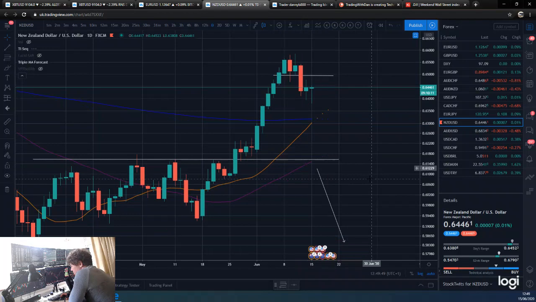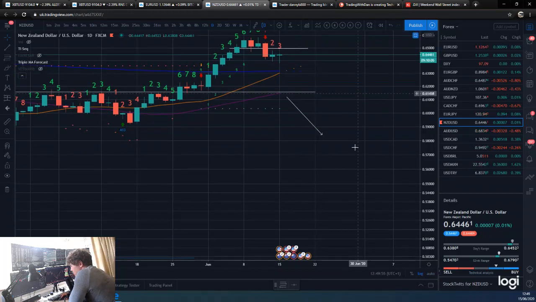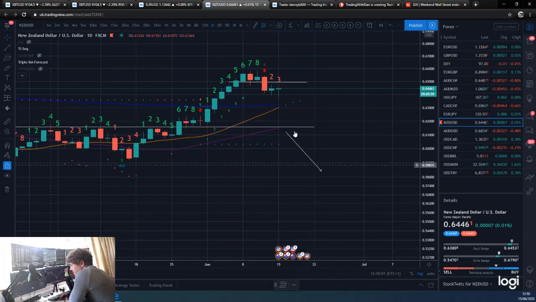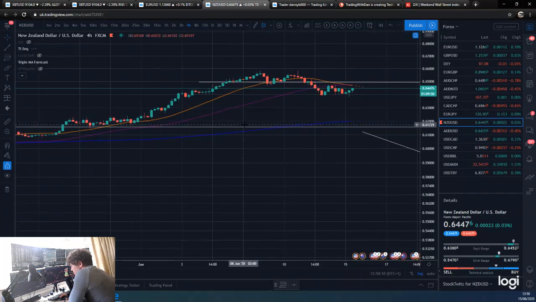New Zealand dollar, US dollar. What would have been a nice 12 hour 9 until it flipped to a 1. But yeah, that was where it was. There was the sell trade, breaking below, moving down. Did we have any other 9s or was it just based off that? We must have had something else. Did we have something here?